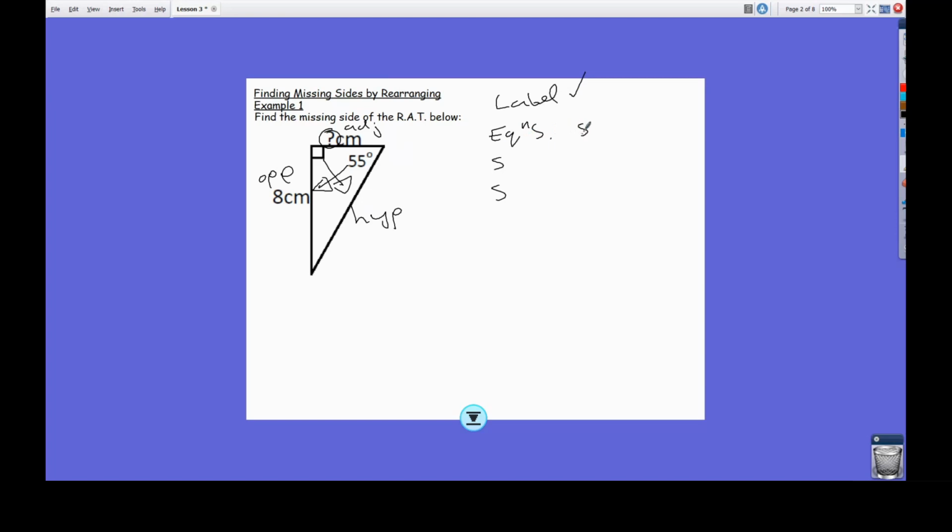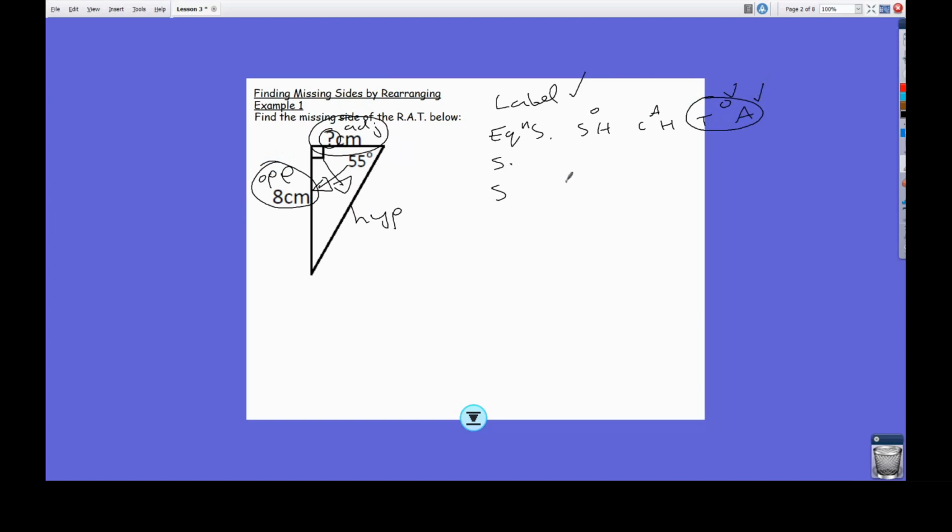So the equations are, for trigonometry, Sohcahtoa, as well as Pythagoras too, but we just need Sohcahtoa for now. So now we need to select the relevant equation. That's the first of the S's. So we want the adjacent. We have the opposite. So that means we're going to use TOA, because this contains the opposite and the adjacent, 2 ticks. So we've selected our equation.